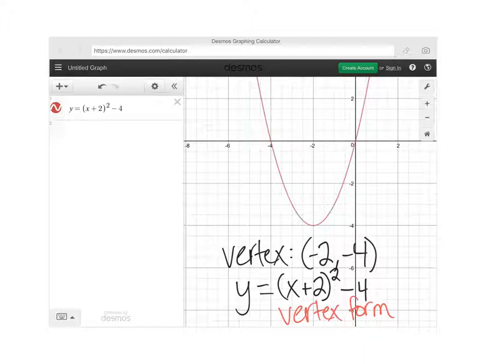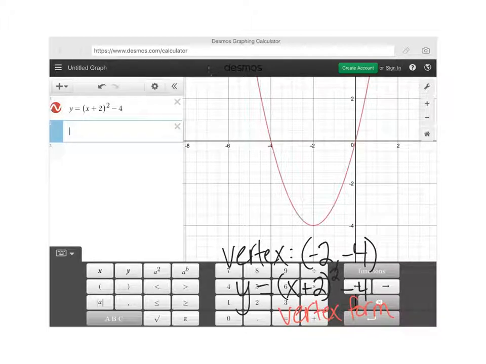All right, let's graph another one. Y equals x minus 1 squared plus 2.